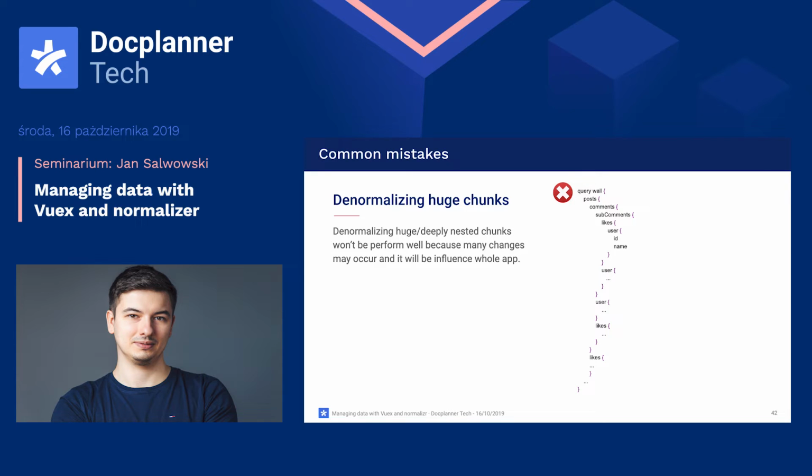You can chunk it per post or per comment when you have deeper nestings, but only when you can control the amount of data that you're taking. Never when there is an uncontrollable amount, because your performance will be killed instantly. And after some threshold, the application will just break.